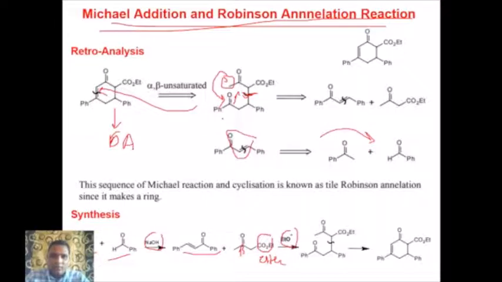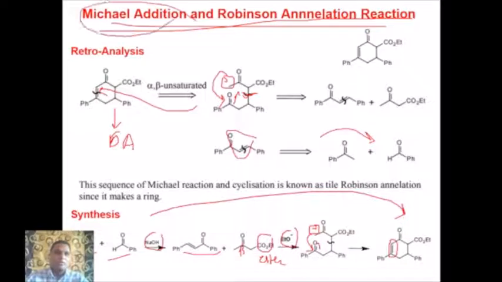And finally, what I have said, the negative charge will be developed by the deprotonation of alpha proton, goes to attack in the intramolecular reaction, we get the double bond here. This is the one way where we can generate the cyclic ring, and this comes under the Michael reaction.